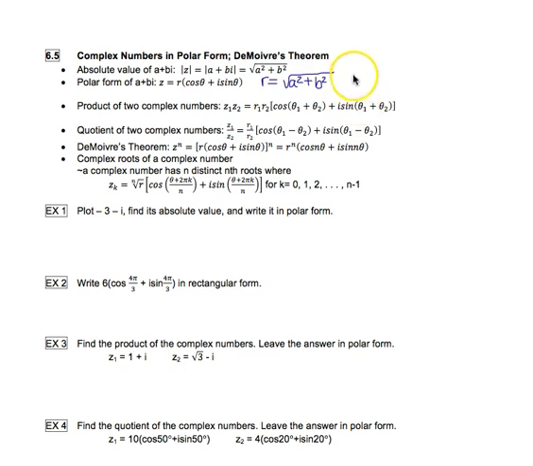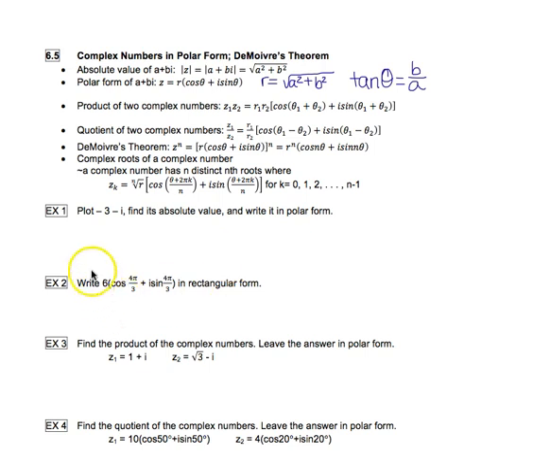Also, because sometimes we have the a and the b, the rectangular form, if we want to find theta, we can use the formula tangent theta equals b over a. Because if I'm trying to solve for theta, or if I know theta, it doesn't matter which way, we can solve either way. But if I'm trying to find theta and I know a and b, I can just do inverse tangent and that gives me my values.